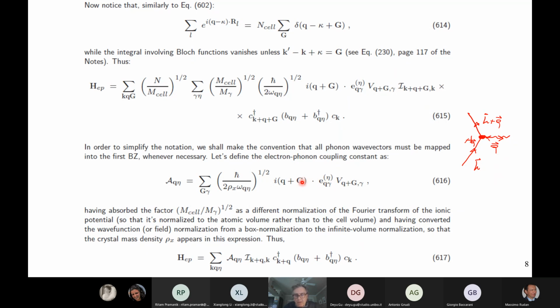These will be the usual vectors of the reciprocal lattice, and we see that we dot this polarization vector with this quantity. This is the usual prefactor, which is expressing the displacement of an ion due to the presence of the phonon. Again, the usual scale factor that comes from the canonical commutation rules.